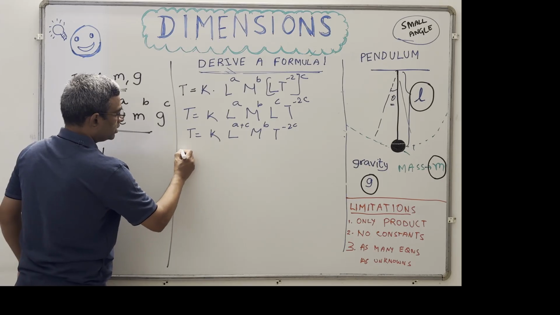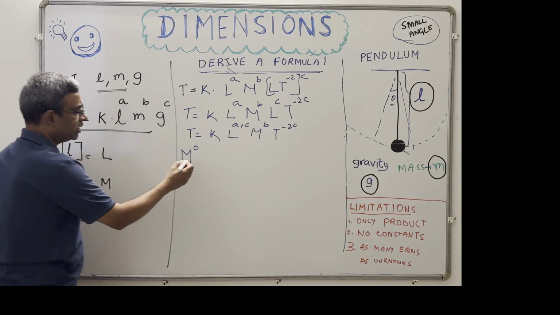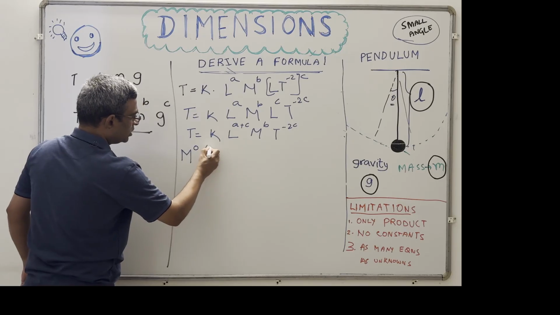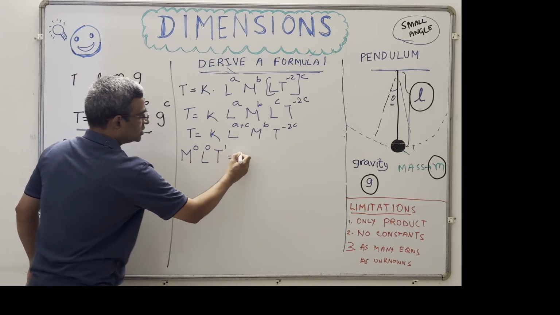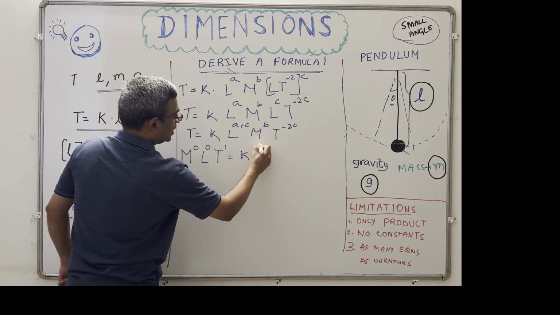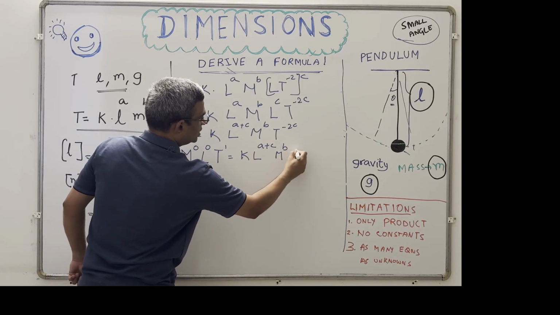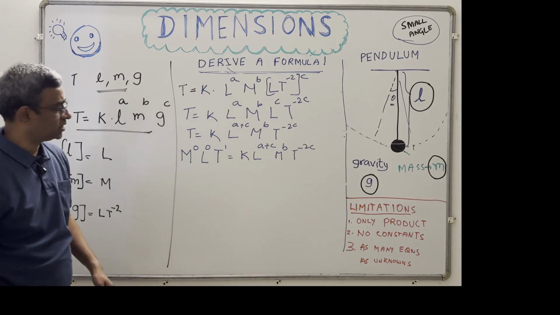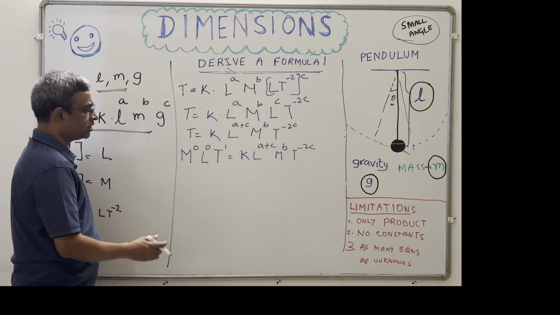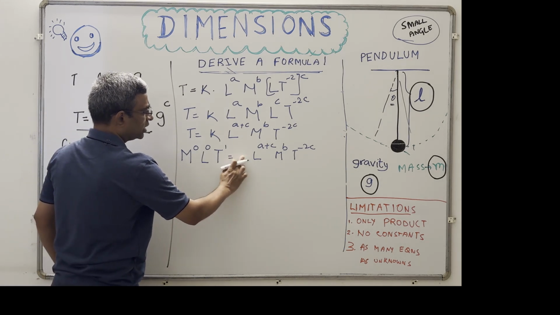So we can write this as m power 0, that is 1, into L power 0, that is again 1, into t power 1, is k L a plus c, m b, t power minus 2c. Now in earlier lectures we had seen that there are no dimensions for numbers and constants, so we are going to take it out.